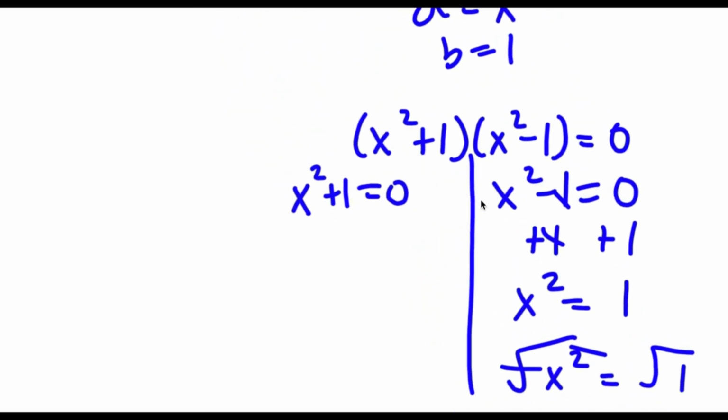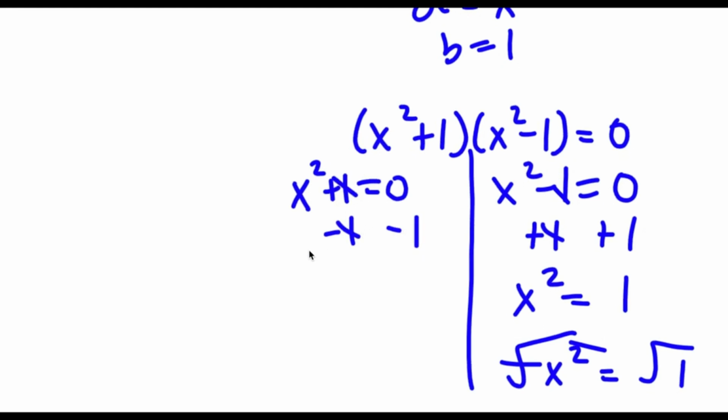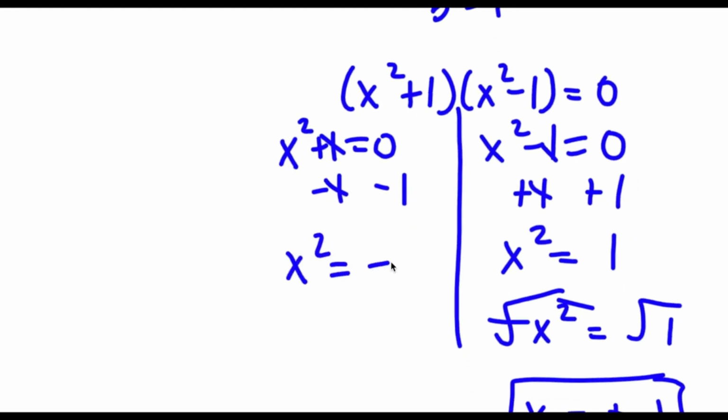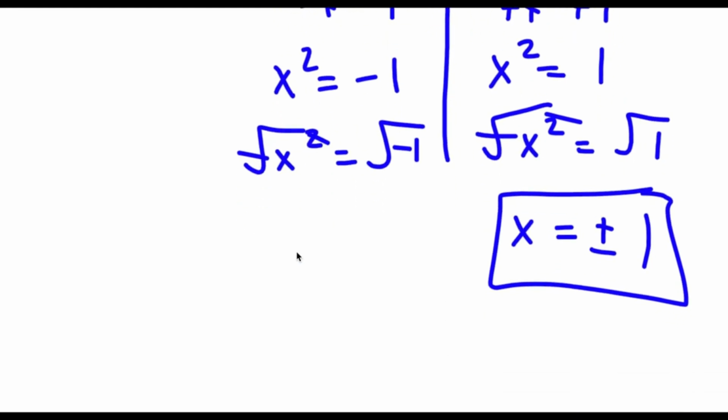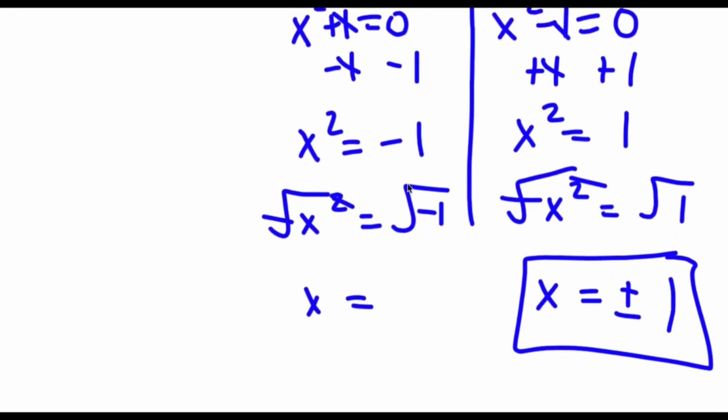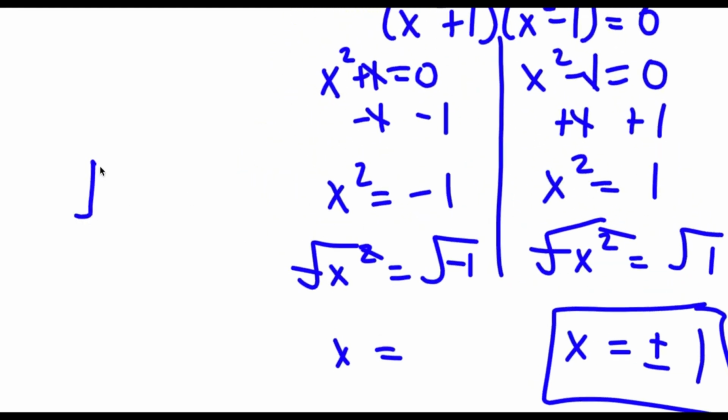Now for x squared plus 1 equals 0, I'm going to subtract 1 on both sides. So now I have x squared is equal to negative 1. Now if I take the square root on both sides, these 2 cancel out, and I'm left with x is equal to the square root of negative 1, which is actually equal to i.